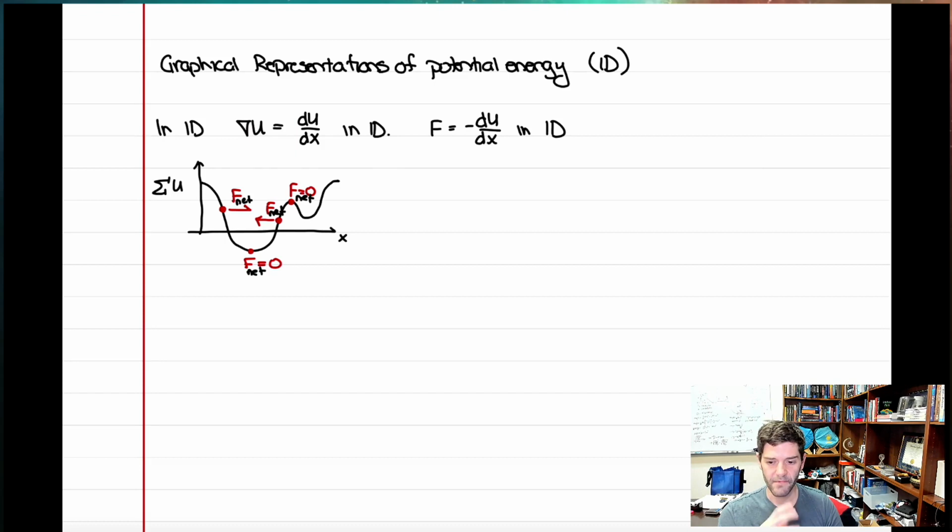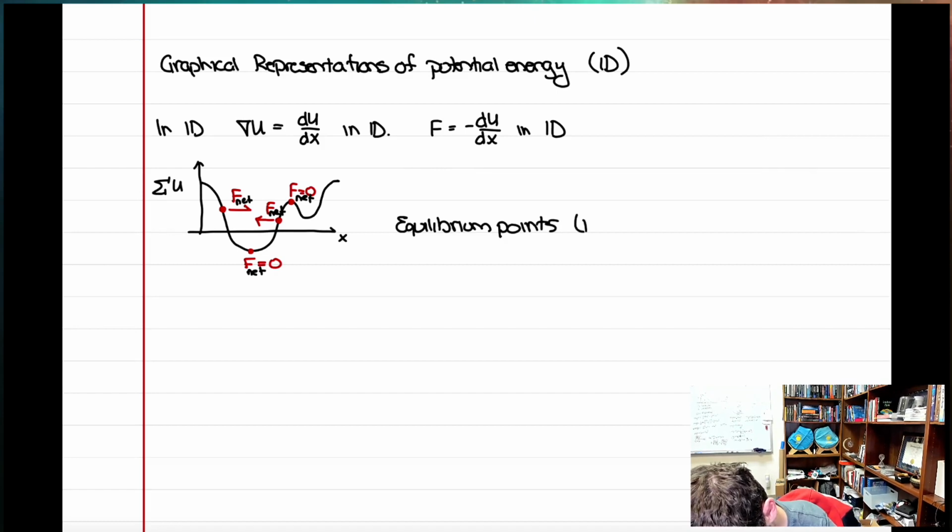Since often we are interested in things like equilibrium, the equilibrium points where F net equals 0, we can actually still figure that out from energy alone. We don't have to do force diagrams.